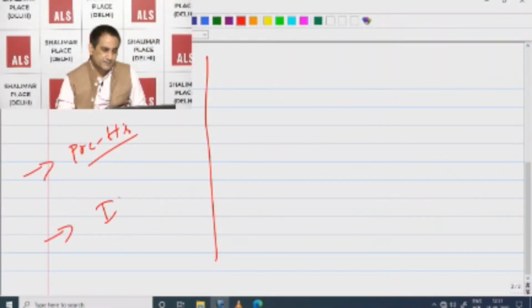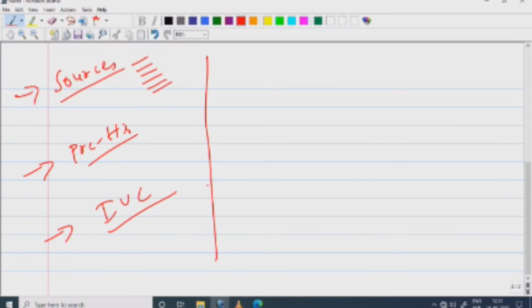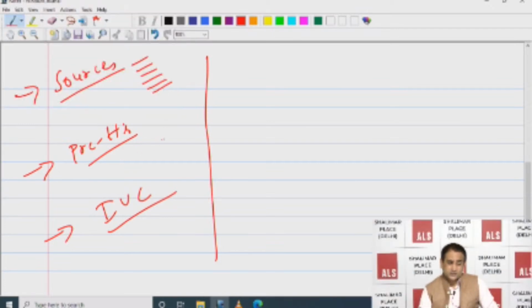Suppose chapter 1 is sources, chapter 2 is prehistory, chapter 3 is Indus Valley civilization. And in these chapters they have mentioned topic 1, topic 2, topic 3, elaborately. Prehistory also has different topics, and Indus Valley civilization also has some topics.